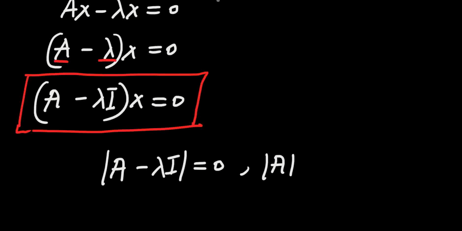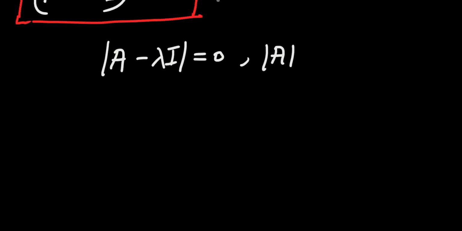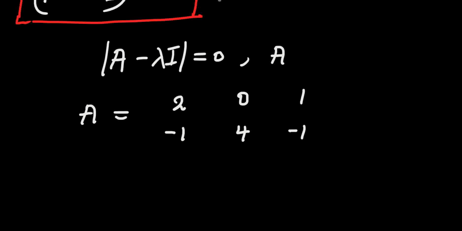So now we already have the square matrix A equal to 2, 0, 1, -1, 4, -1, -1, 2, and 0.